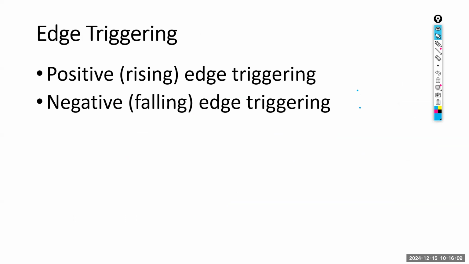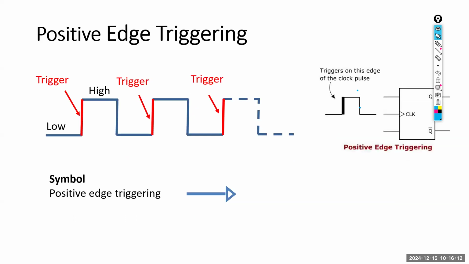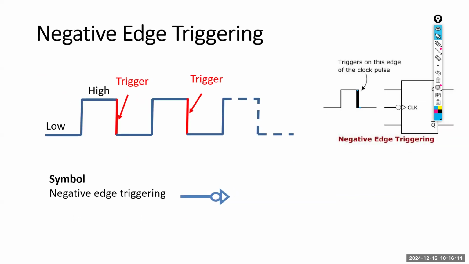So this is positive edge, this is negative edge. So the idea is to reduce the time period of the triggering. That reduces the responding to the stray signals.